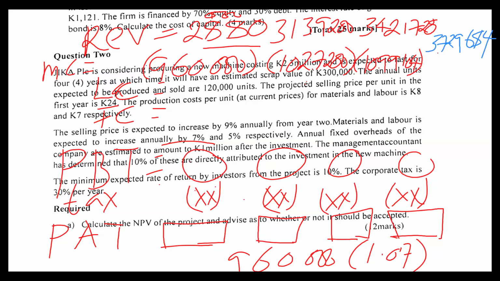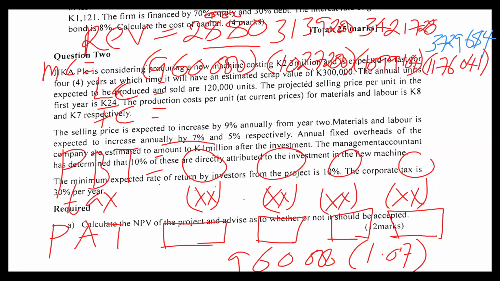Let's do the last one. Grow this one at 7%. 1,176,041. Like that, and we close.